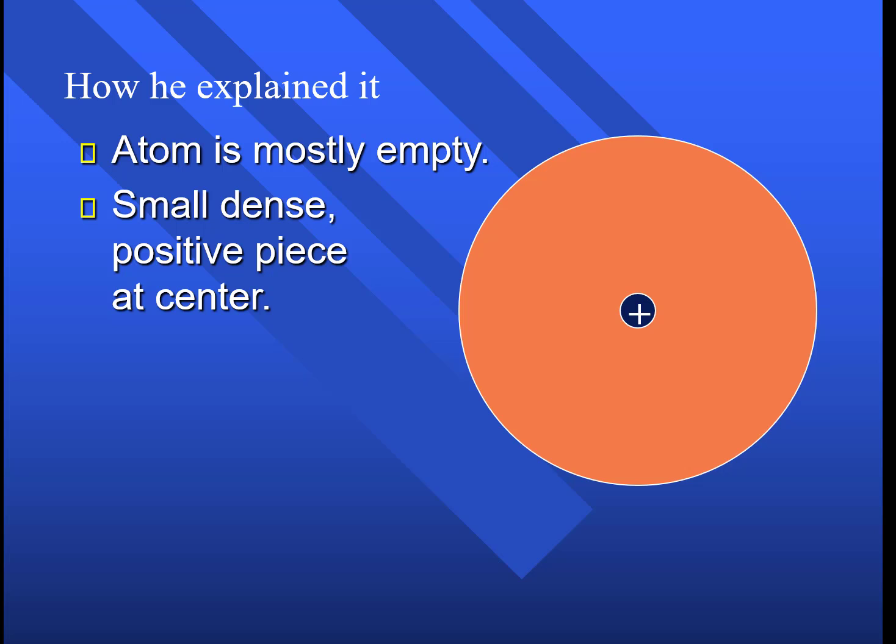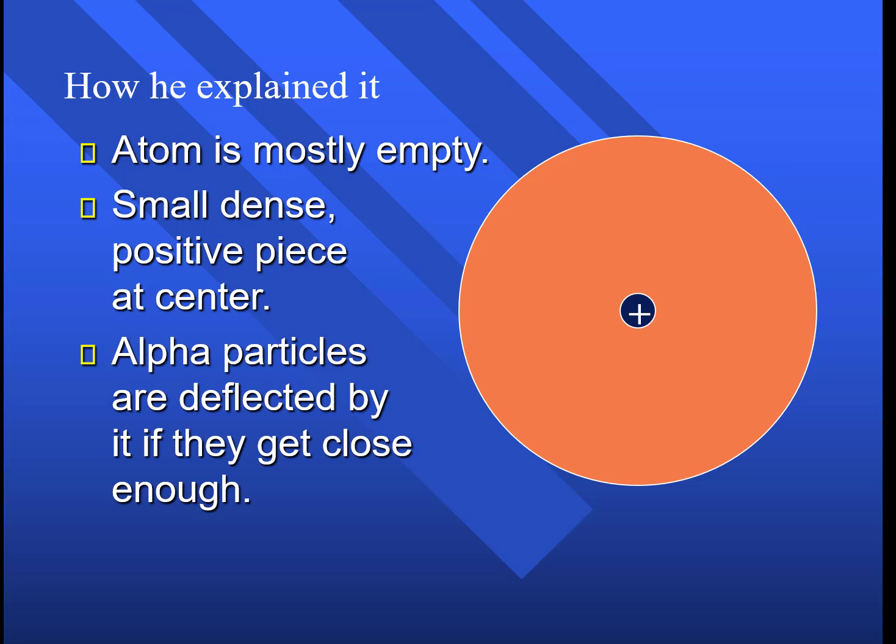I've got a huge density. It had to be a huge density to make it bounce off those pieces. So what Rutherford discovered was the nucleus. A small, dense, positive piece at the center we call the nucleus. And the alpha particles get deflected if they get close enough.